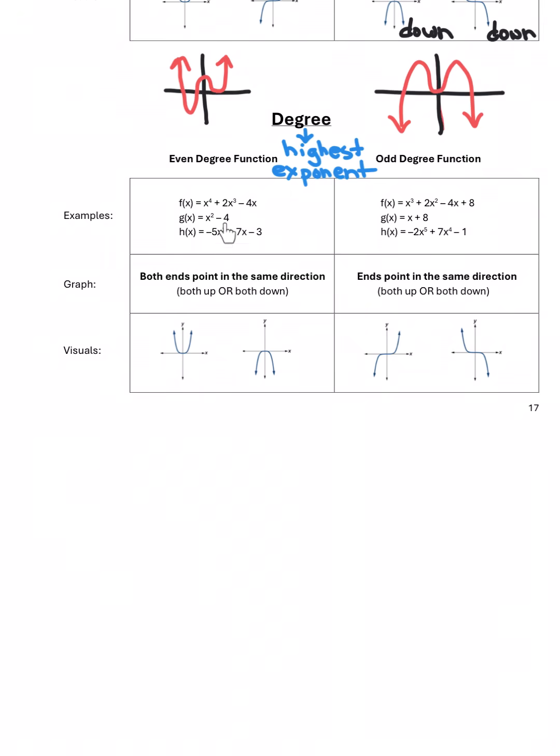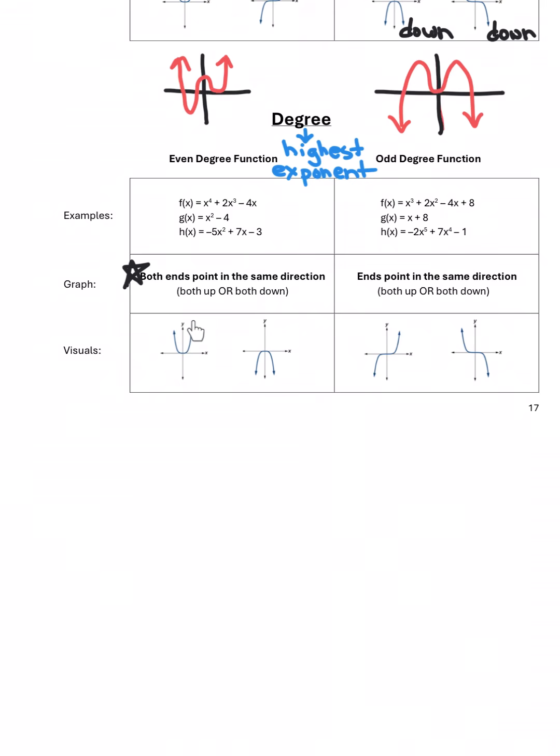Here, all of these are even numbers. When you have an even degree function, let's put a star next to this, both ends point in the same direction. This is what I mean. If you look at these arrows on your graph, the left side of the graph and the right side of the graph, aren't they both pointing up?